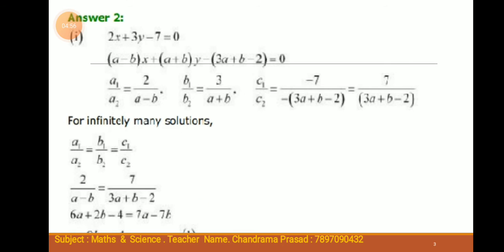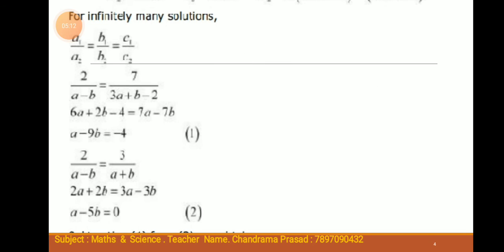On solving, you can write 6a plus 2b minus 4 equals 7a minus 7b. On solving, you can write a minus 9b equals minus 4. This is equation 1.